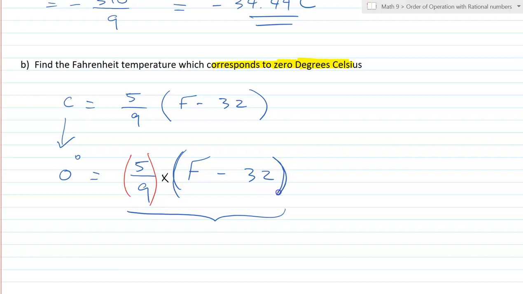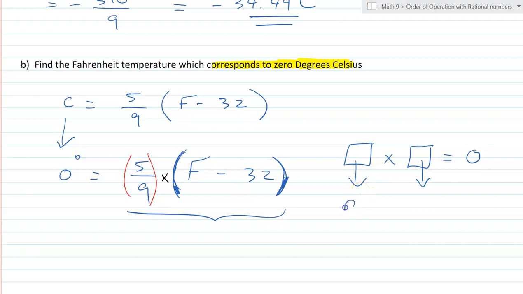So when you multiply one number by another number, and your answer must be 0, what can you say about each of these? When you multiply two numbers and get 0, one of them must be 0, or both, doesn't matter.